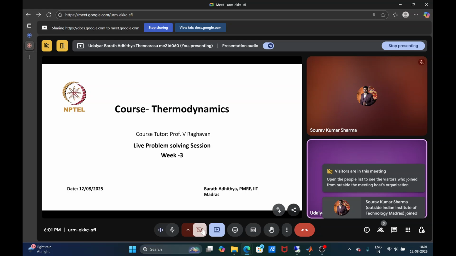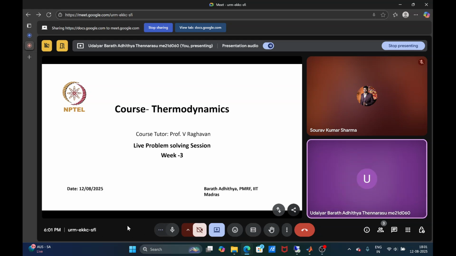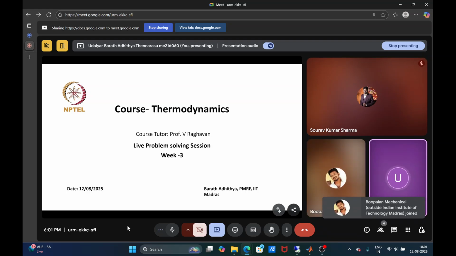So this week we'll continue some problems on similar work done, and proceed with the first law of thermodynamics. To start with, I'll just give you a brief on the first law of thermodynamics.